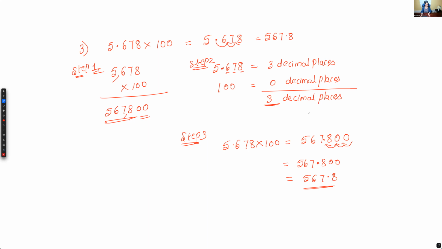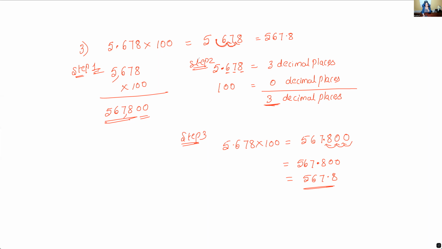But the easy one is when you multiply any decimal number by 10, 100, or 1000, we can count how many zeros you have and jump to the right, like how we did here. We are multiplying by 100, so we moved it 2 decimal places to the right and kept the answer.